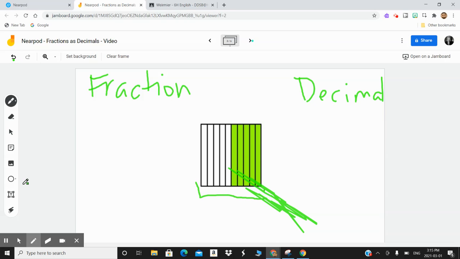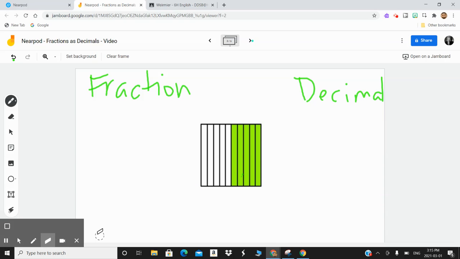Let me erase that. This is my whole. We'll try it again. There we go. So here's my whole. It's one whole. Honestly, how many times can I try to draw this whole? And third time's a charm. This is one whole cracker.